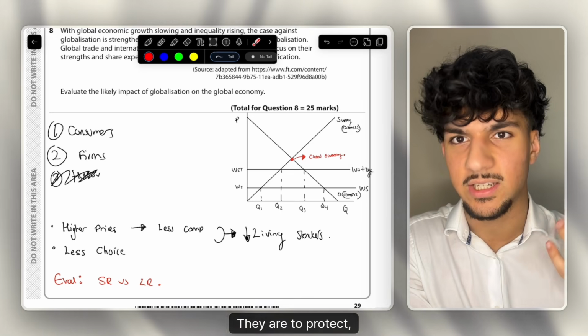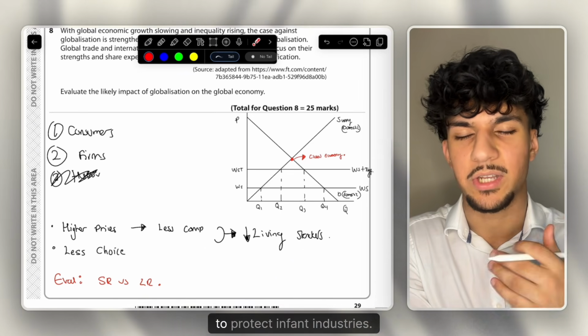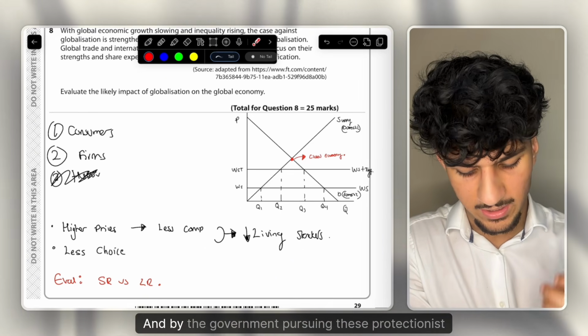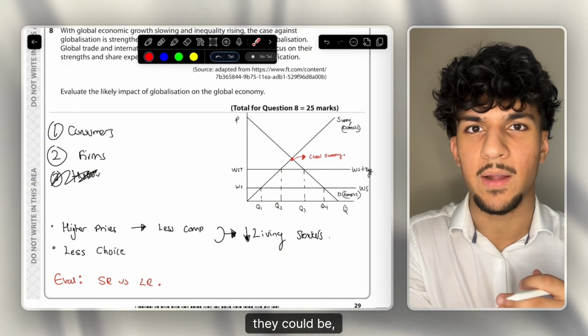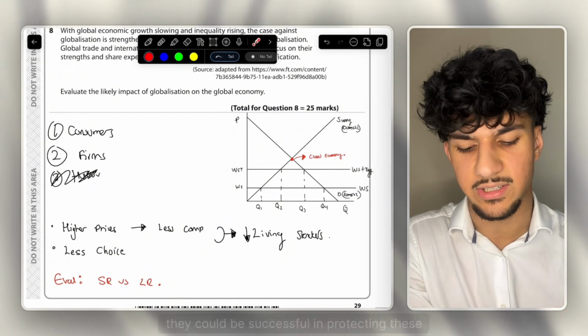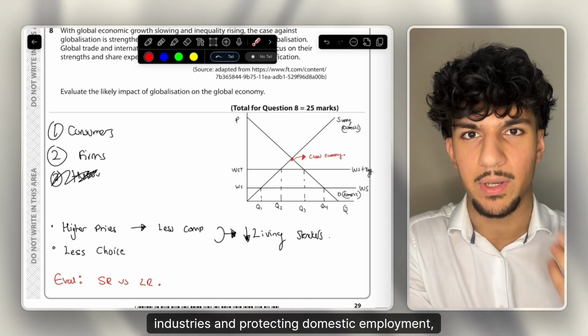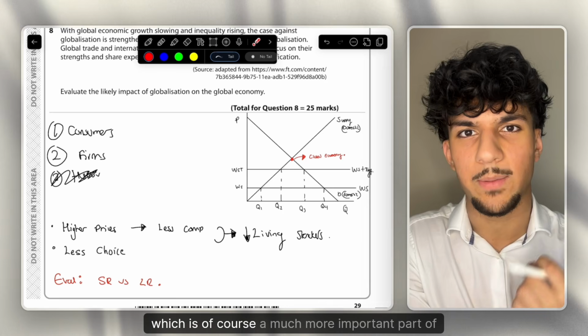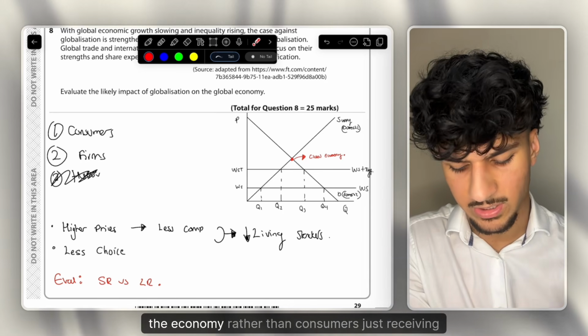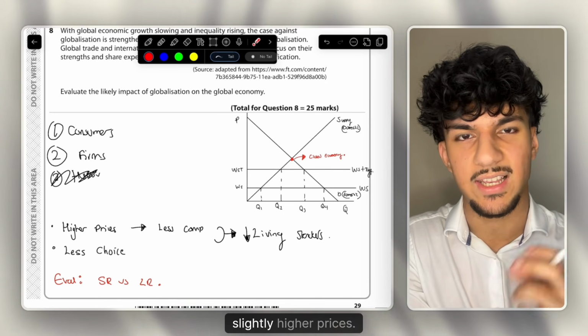They are to protect domestic industries, to protect infant industries, and by the government pursuing these policies, they could be successful in protecting these industries and domestic employment, which is of course a much bigger positive, and a much more important part of the economy than consumers just receiving slightly higher prices.